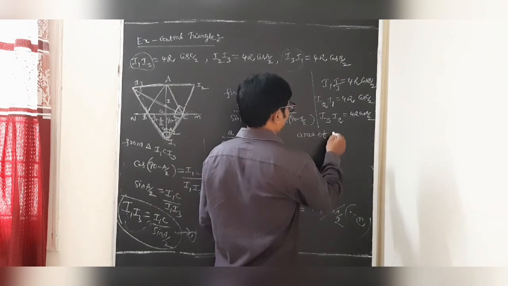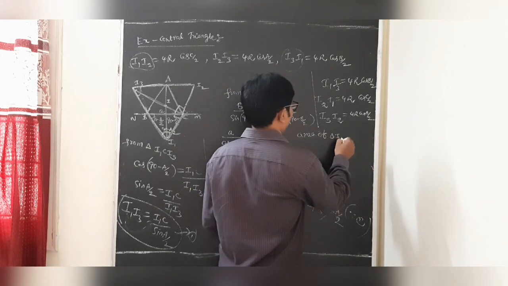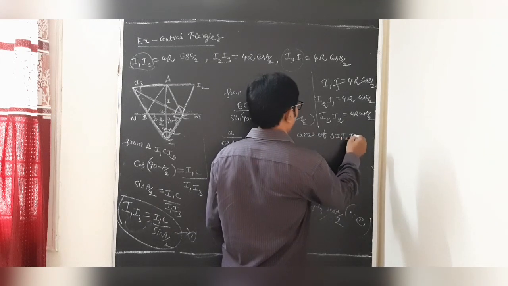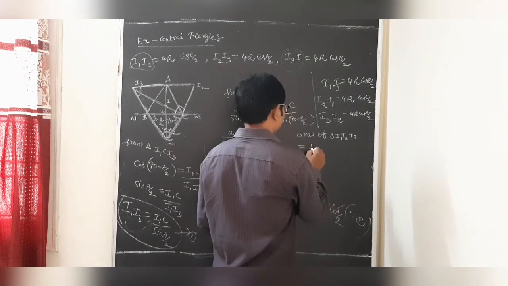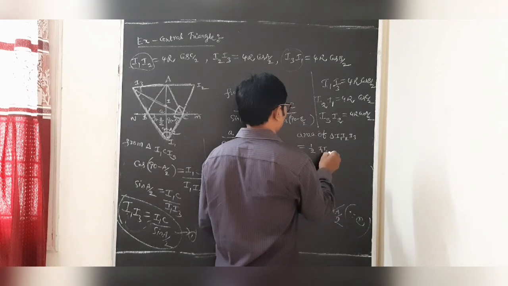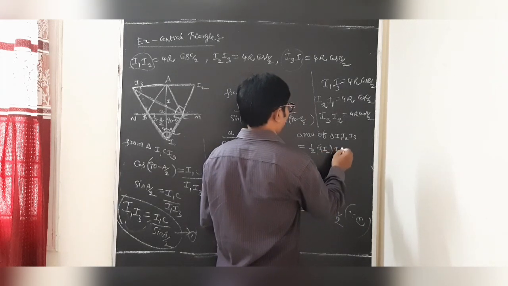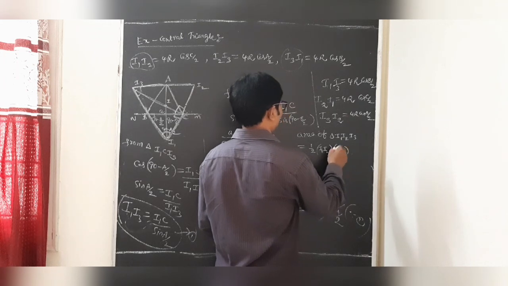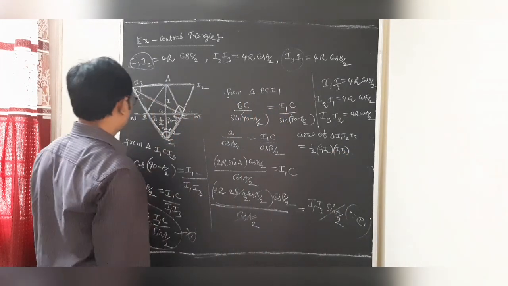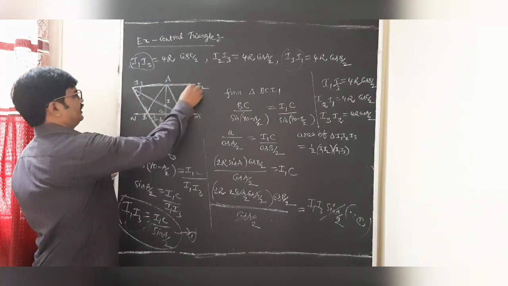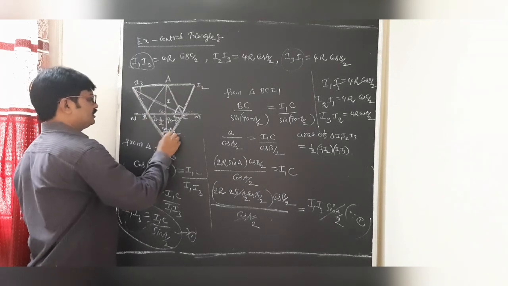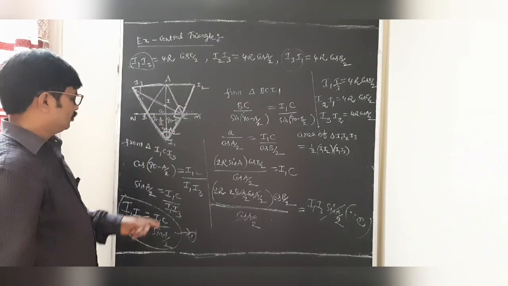Area of the triangle I1, I2, I3. When we are taking the two sides I1, I2 and I1, I3, what is the angle between them?